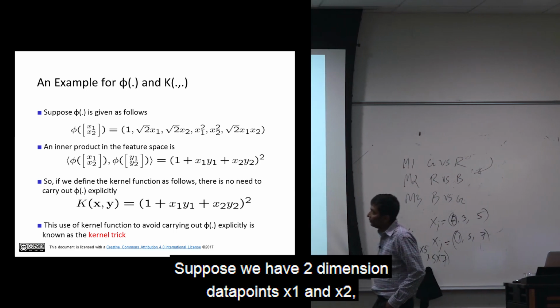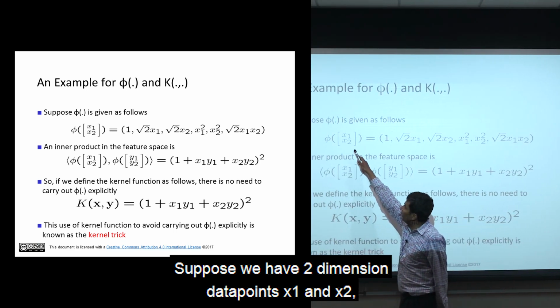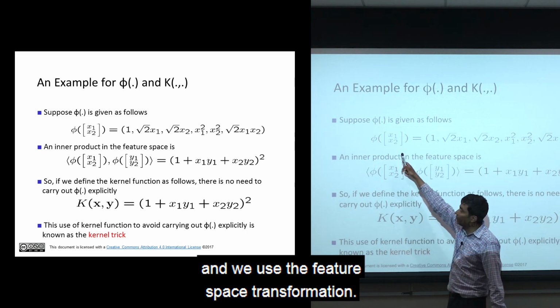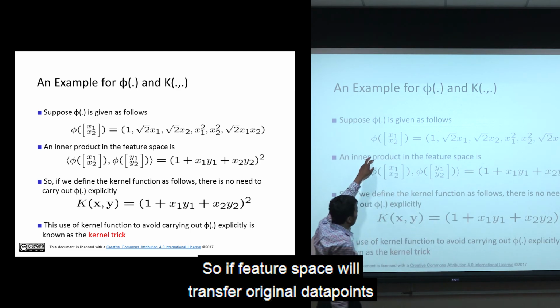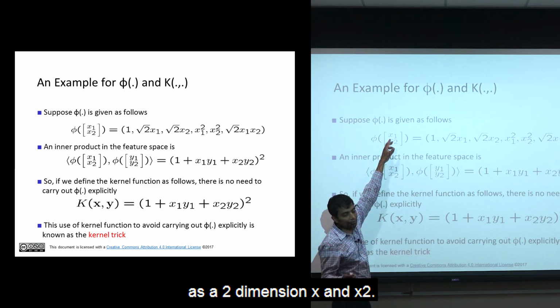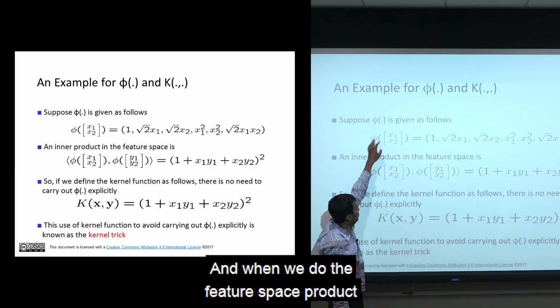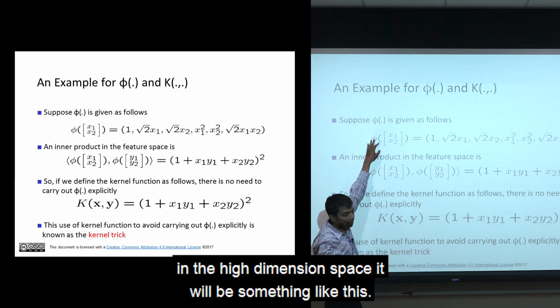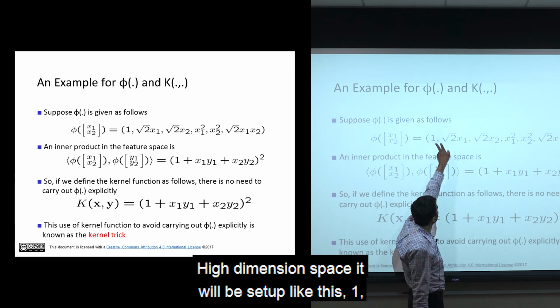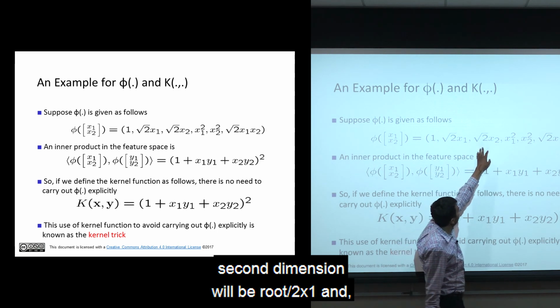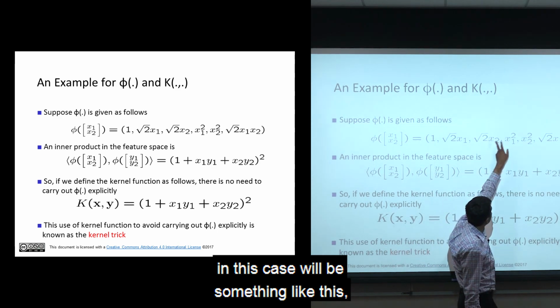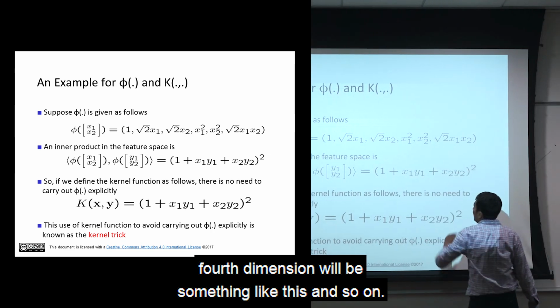Suppose we have 2-dimensional data points, x1 and x2, and we use the phi transform, the feature space transformation. When you project into the higher dimensional space, it will look something like this: 1 as the first dimension, the second dimension will be root 2 times x1, the third dimension will be something like this, the fourth something like this, and so on.